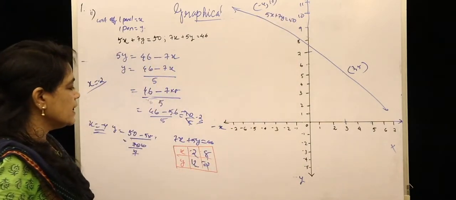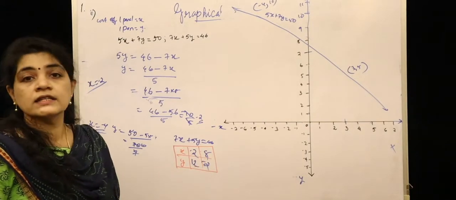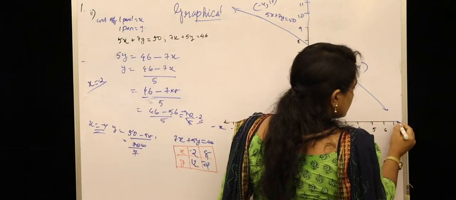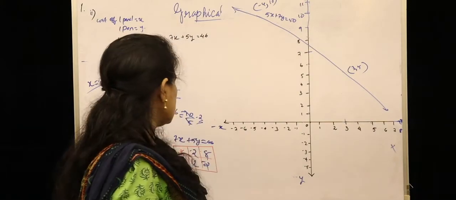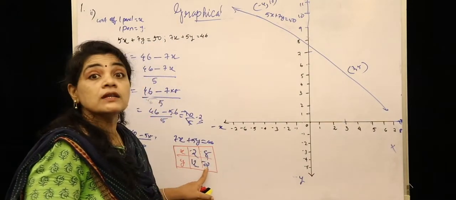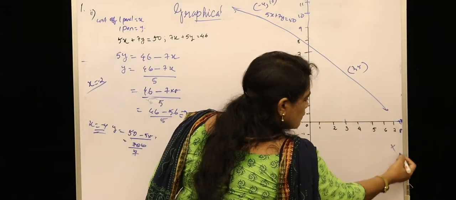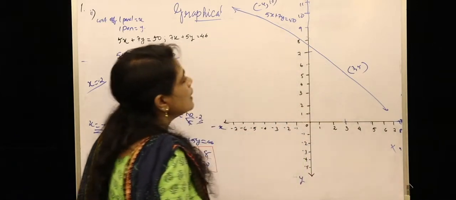Secondly, for x is equal to 8 and y is equal to -2. So 8 comes here also, so we can extend and mark here 8 in the positive x-axis, and its corresponding value is minus 2 in the y-axis.